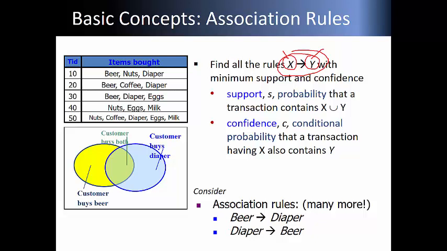When you describe a rule, we have to think of two basic measurements. These two basic measurements were proposed when association rule mining was first published.